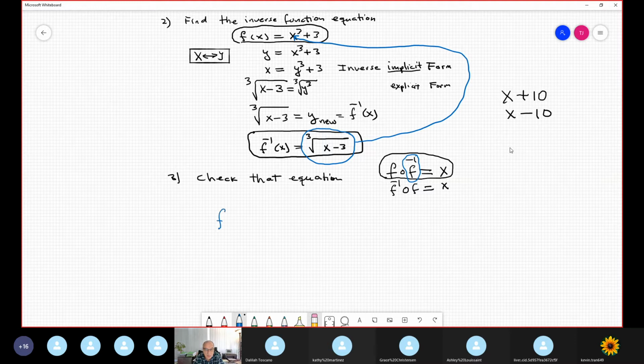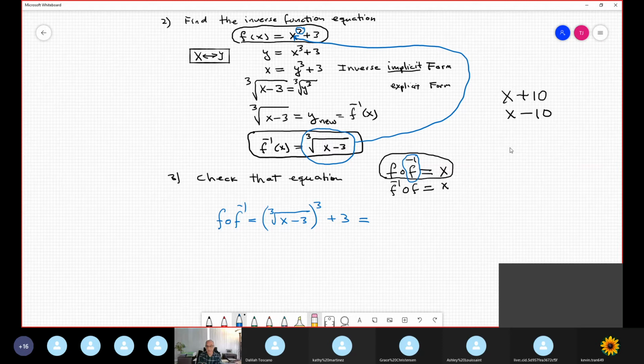Then f composition f inverse is equal to, open the parenthesis to understand this, I copy the cubic root of x minus 3. And this is raised to the cubic power, get this 3. This 3 is the cubic power, plus 3. Do you understand what you are doing?